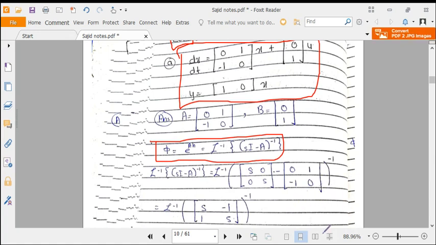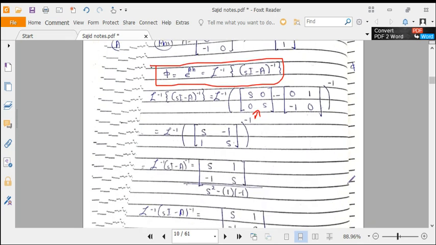sI is right here. I is the identity matrix, so we get this s 0 0 s, minus A, which is this matrix, 0 1 minus 1 0, and we have to take its inverse and then find the Laplace inverse of this system.